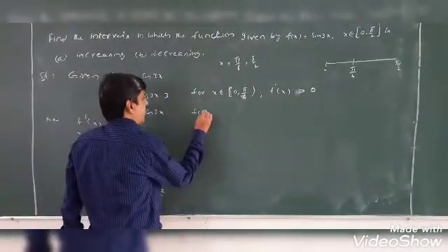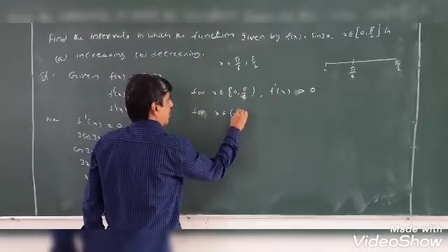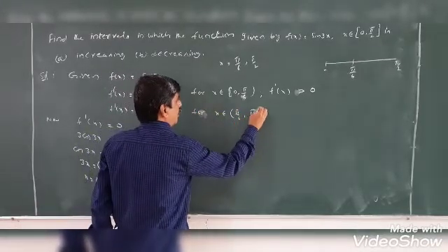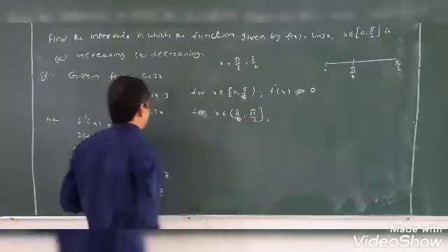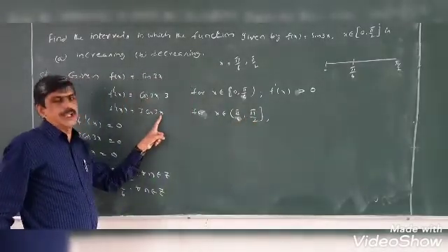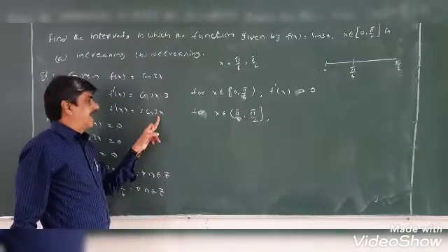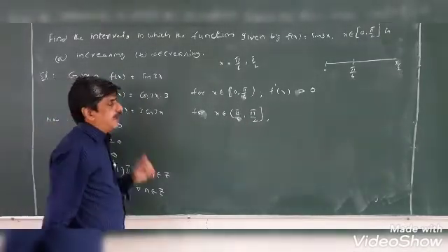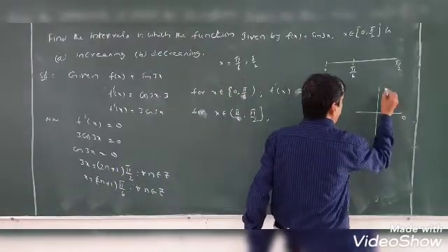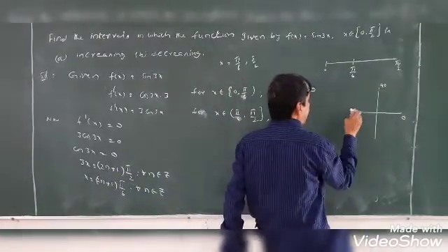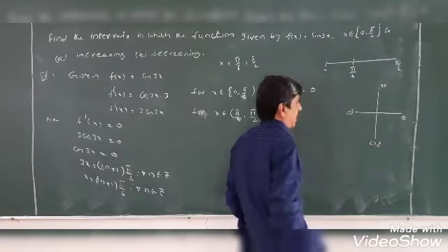For x belongs to pi by 6 to pi by 2: pi by 6 means 30, 3 into 30 is 90, and x is equal to 90 gives 270. So 90 to 270 case. 0 to 90 is the first quadrant, 90 to 180 is the second quadrant, 180 to 270 is the third quadrant.